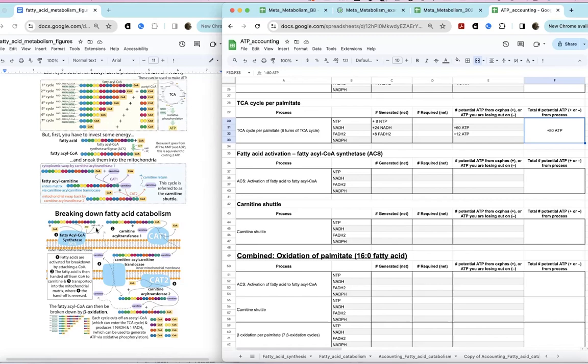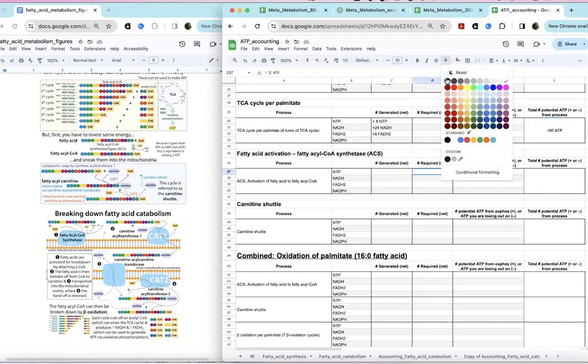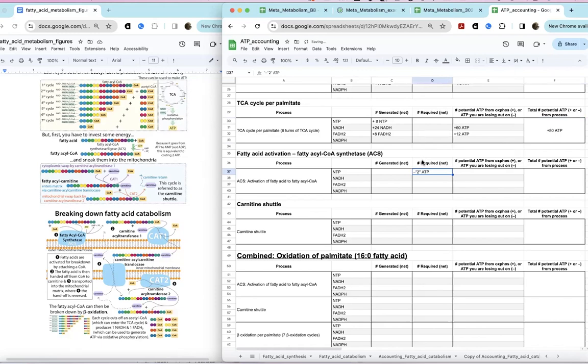And the way that it's going to do this, it's actually going to take ATP and turn it into AMP. So typically we take ATP and turn it into ADP, but here we're taking it to AMP. So it's kind of like we're using 2 ATP. So we're going to consider this as 2 ATP equivalents because it would take you the equivalent of 2 ATPs in order to regenerate ATP from that AMP.